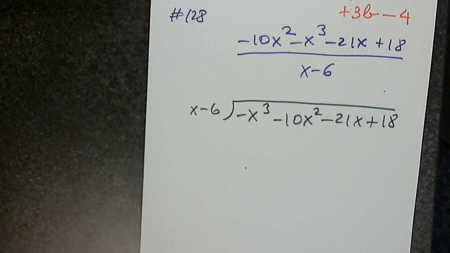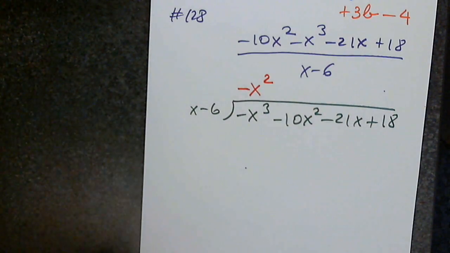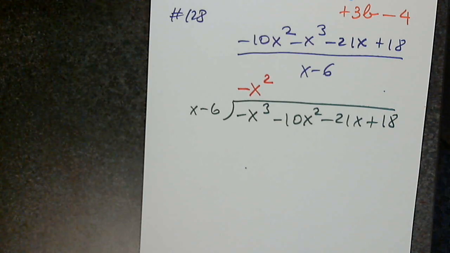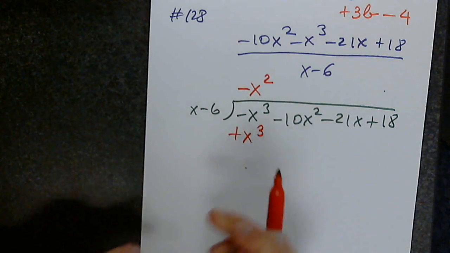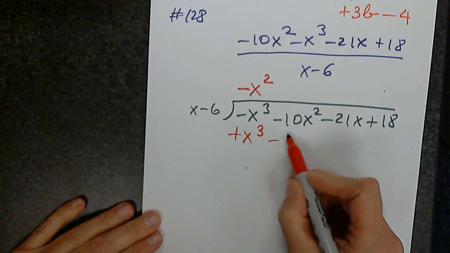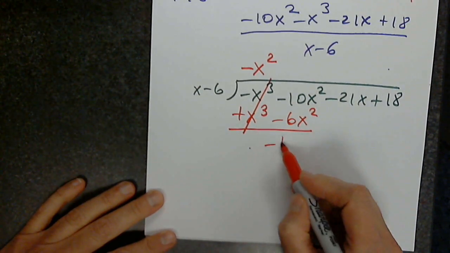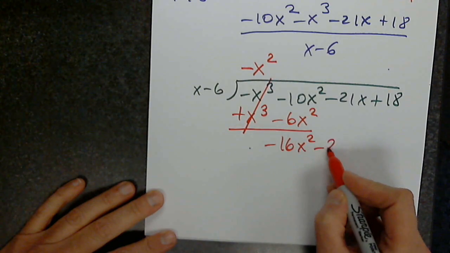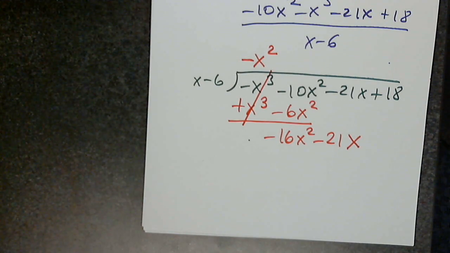X times what is negative x cubed? Negative x squared. Negative x squared times x is negative x cubed, but I have to change the sign. Negative x squared times negative 6 is positive 6x squared, but I have to change the sign. Negative 16x squared, bring down negative 21x. Next step.